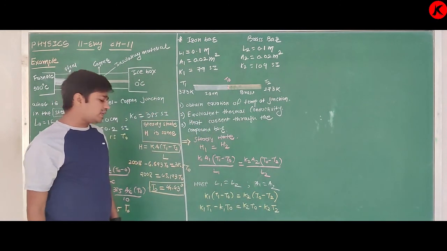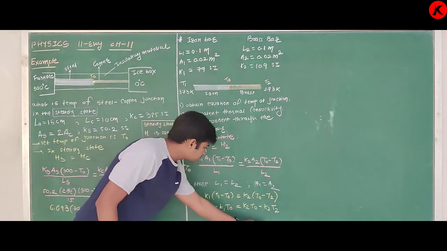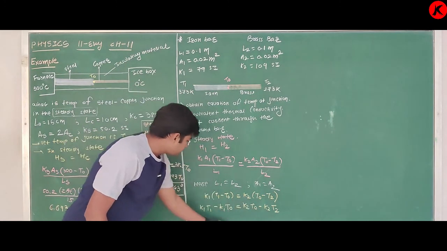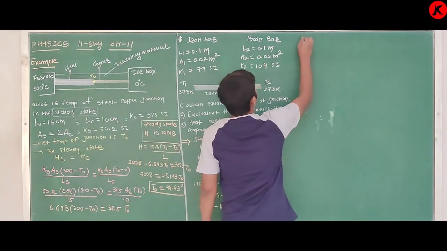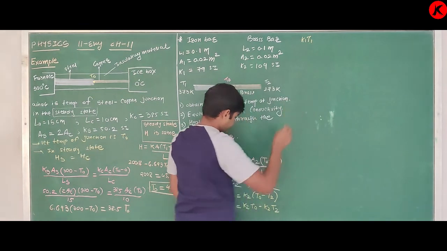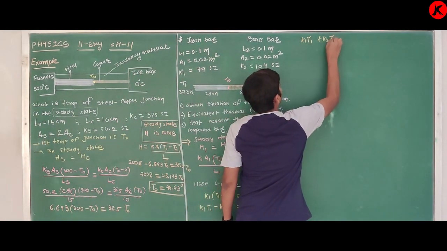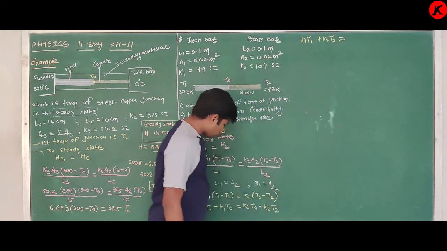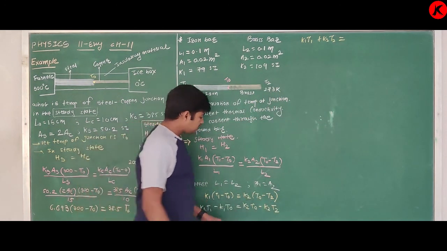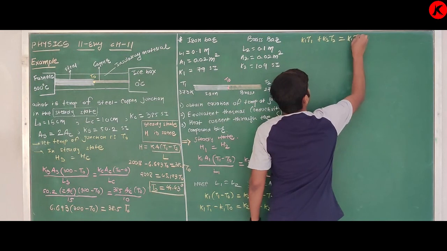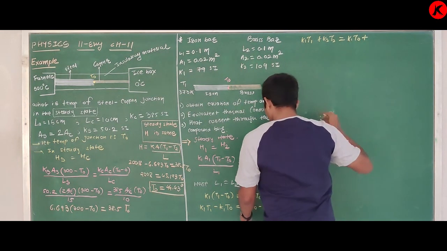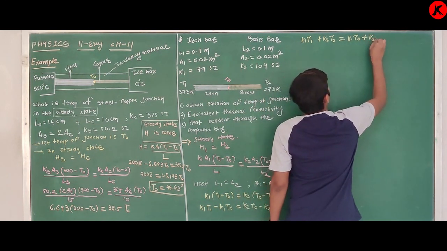As we have to find T0, I move terms so that K1 T1 plus K2 T2 equals K1 T0 plus K2 T0.